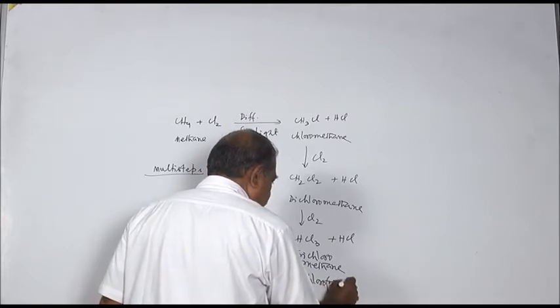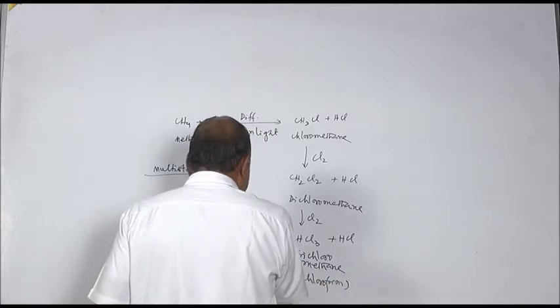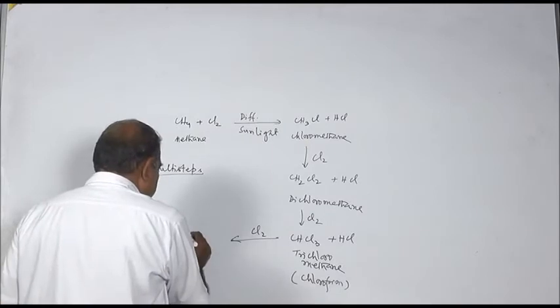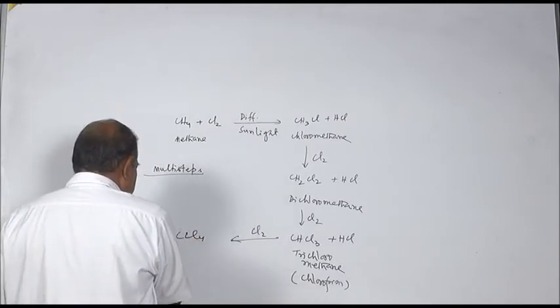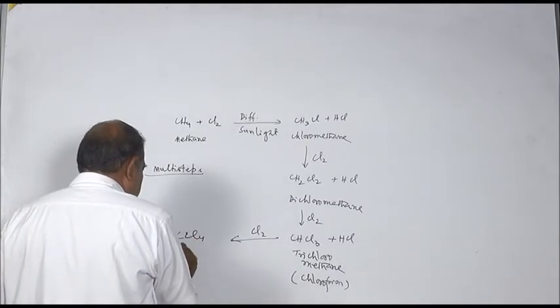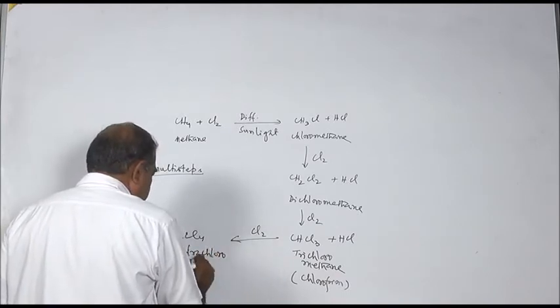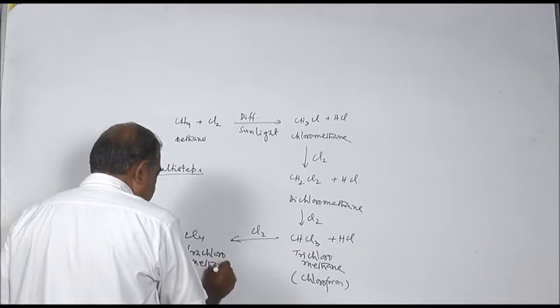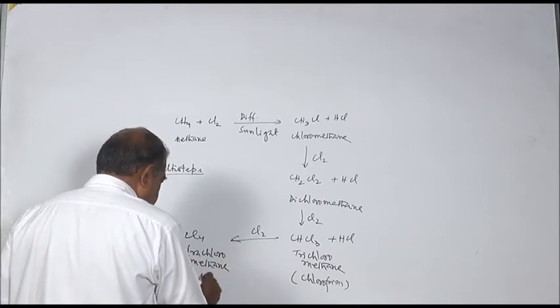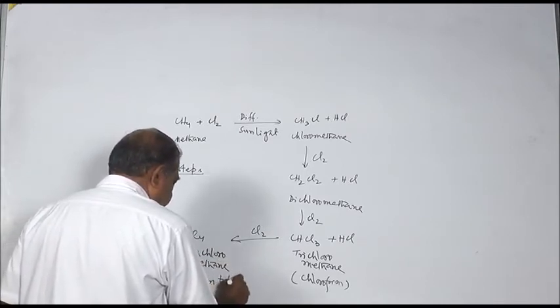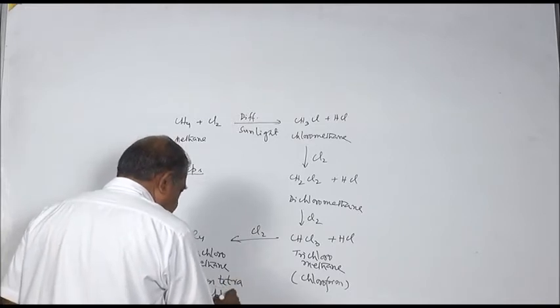Common name is chloroform. Again it reacts with chlorine, forms carbon tetrachloride or tetrachloromethane, or we can call it carbon tetrachloride.